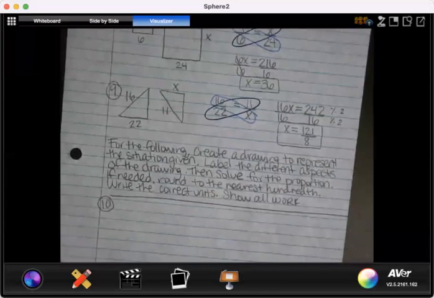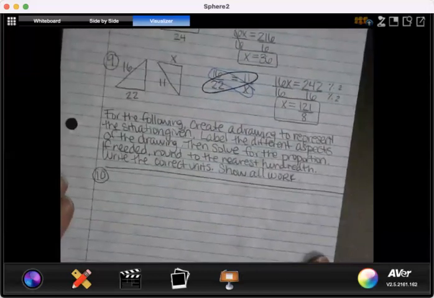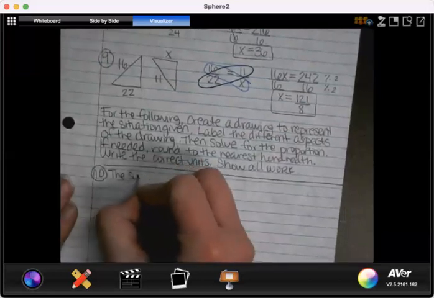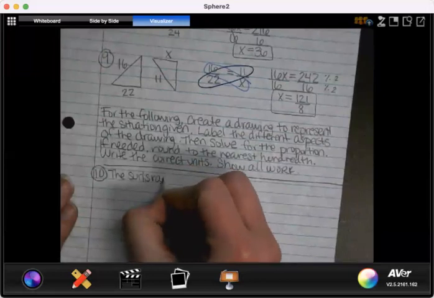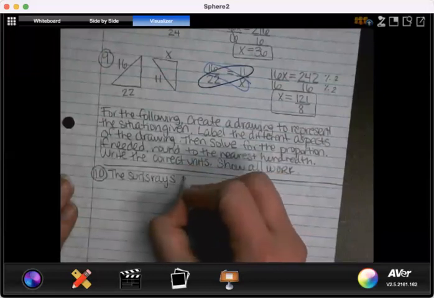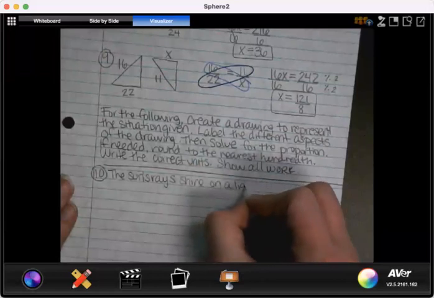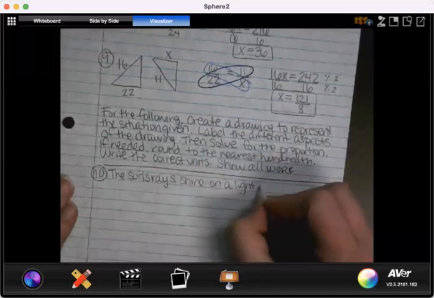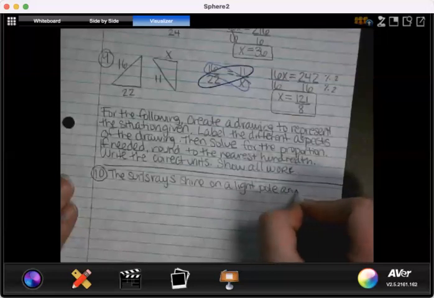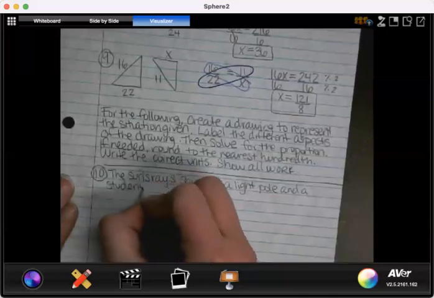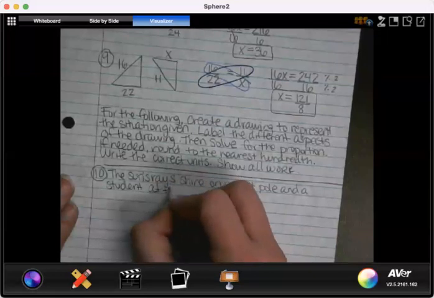All right, so for number 10, we have a little bit of a situation. It tells us that the sun's rays shine on a light pole and a student at the same time.